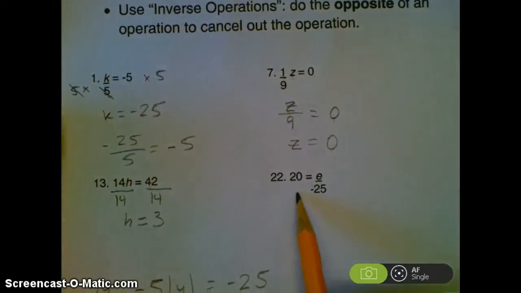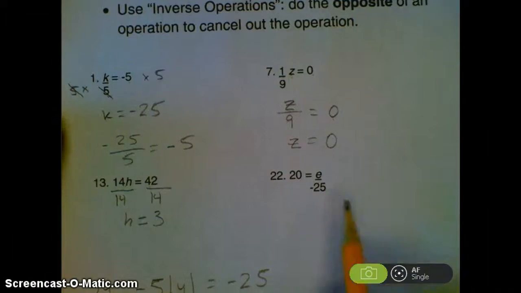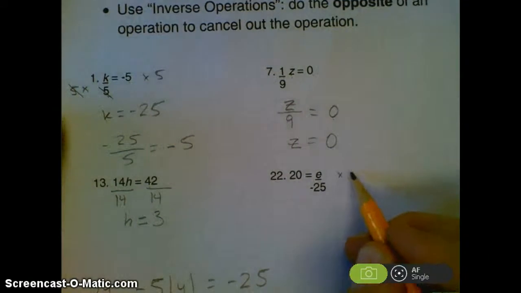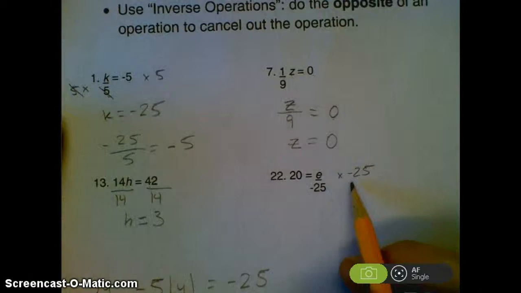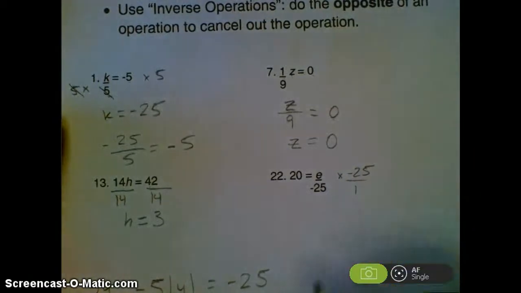And number 22. 20 equals e divided by negative 25. Since this is divided by negative 25, I want to multiply by negative 25. Or I could think of it as negative 25 over 1. Negative 25 divided by negative 25 is 1, so these cancel out.